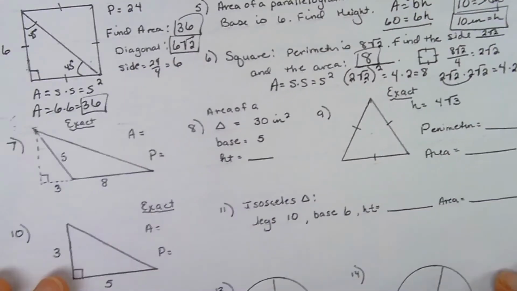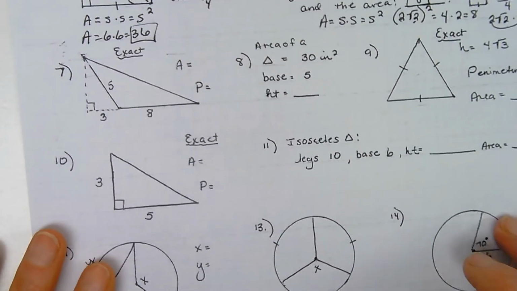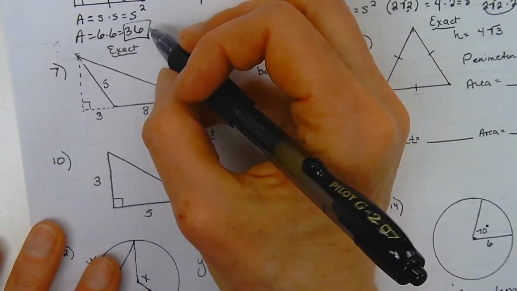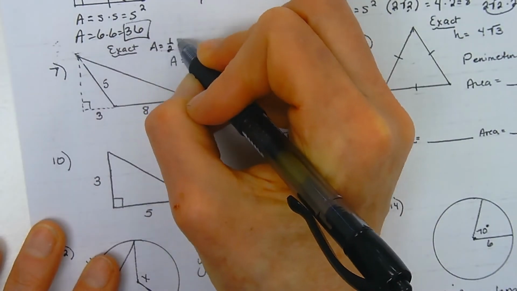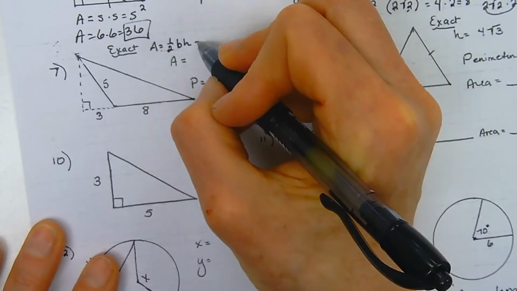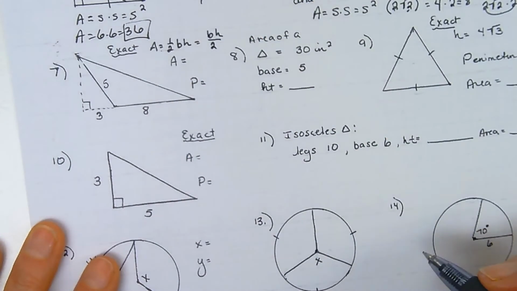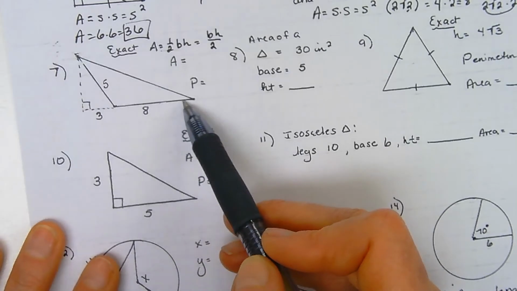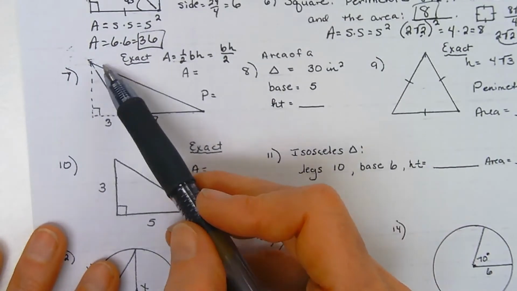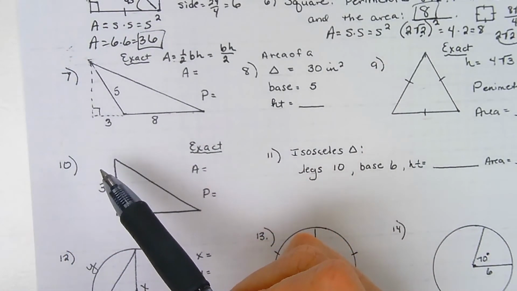Number 7. Now we're into triangles. Triangles, today we learned, although this was sort of a review, that the area equals 1/2 base times the height, or you could write it as base times height over 2. Here is the triangle. Because it's an obtuse triangle, at least one of the altitudes, this altitude, is outside the triangle.